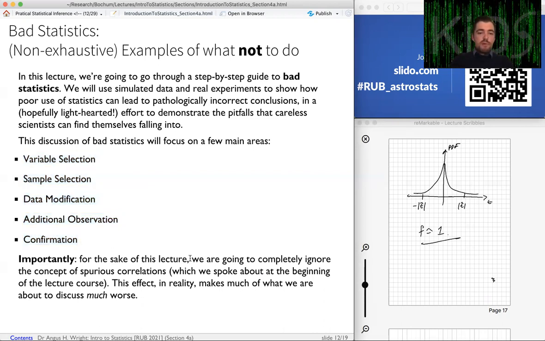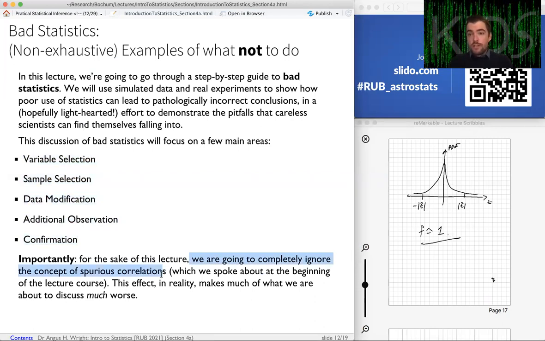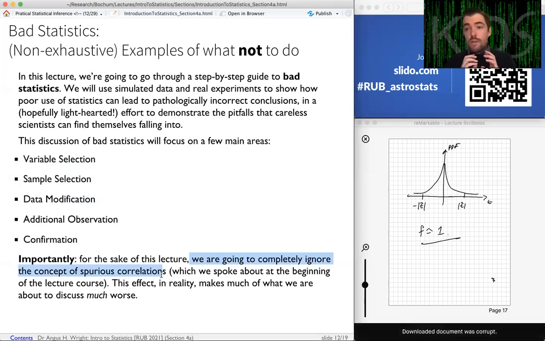We're going to completely ignore the case of spurious correlations. Now, we spoke about spurious correlations earlier in the course. Spurious correlations make this exponentially more difficult because no longer do you just have to worry about the things that we're going to be talking about. You have to worry about the combinations of different variables in the background and how they play in with one another. So this is almost a best case scenario.